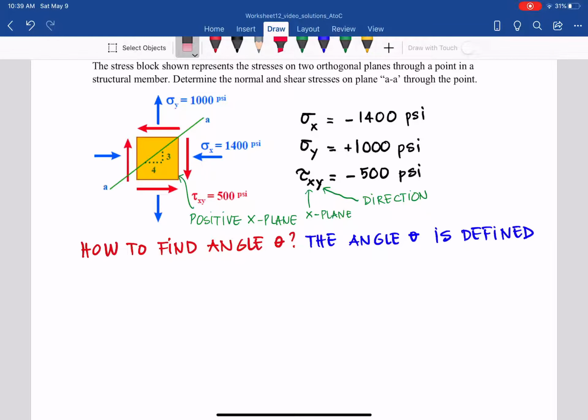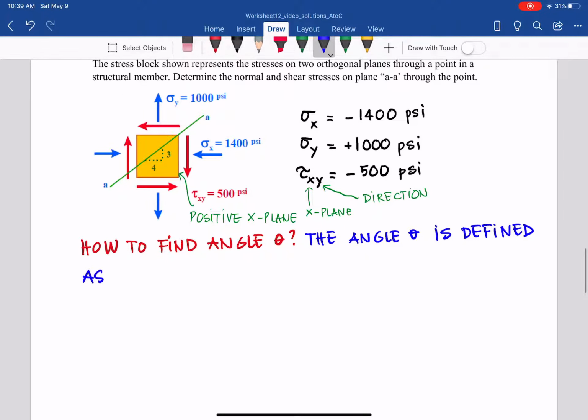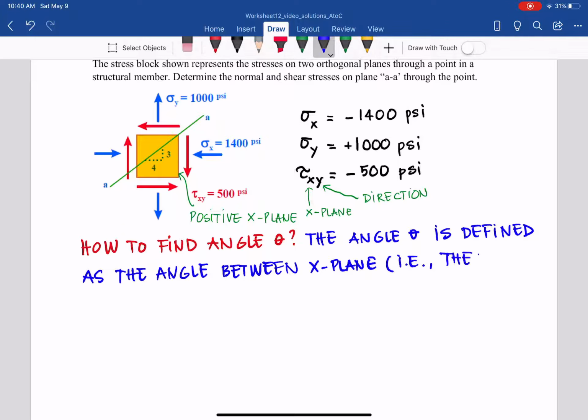It is the angle between the x plane, in this case I show the positive x plane there. Remember, what is the x plane? I just write down here, the vertical plane is called the x plane. And why is that?